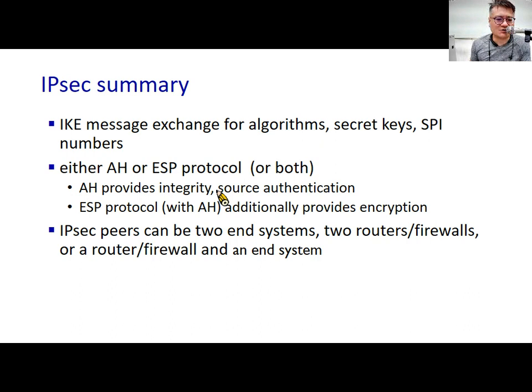AH provides integrity and source authentication. The ESP protocol, with AH, additionally provides encryption. Encryption is from the ESP protocol. So IPsec peers can be two end systems, two routers, two firewalls, or one end system and a router or firewall.